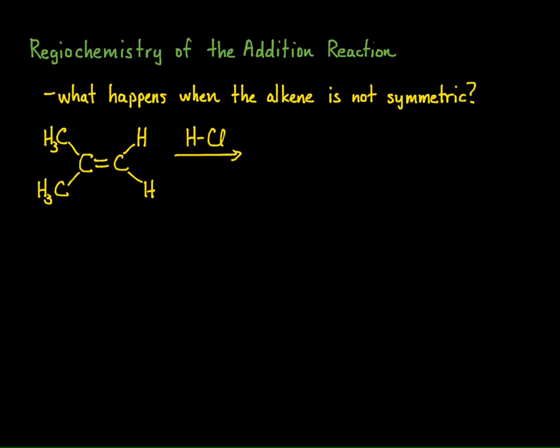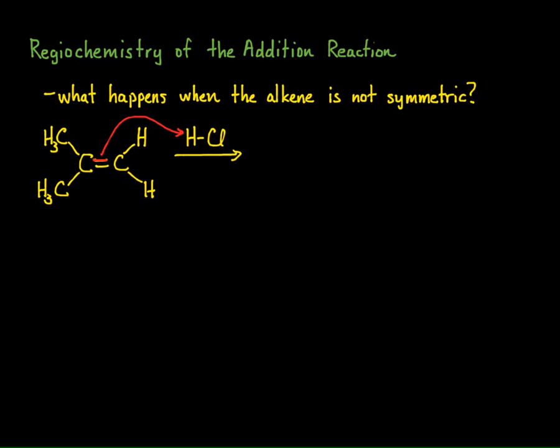So we're going to react this with HCl, and remember the pi orbital, right? The electrons in the pi orbital are going to attack the sigma star orbital of that hydrogen-chlorine bond. And so it's going to attack the hydrogen because that sigma star has more hydrogen character than it has chlorine character.